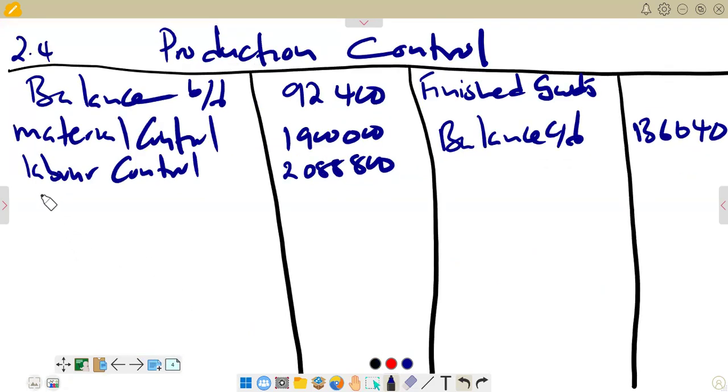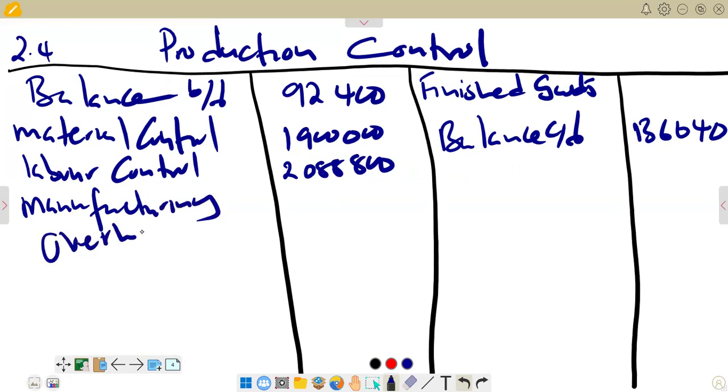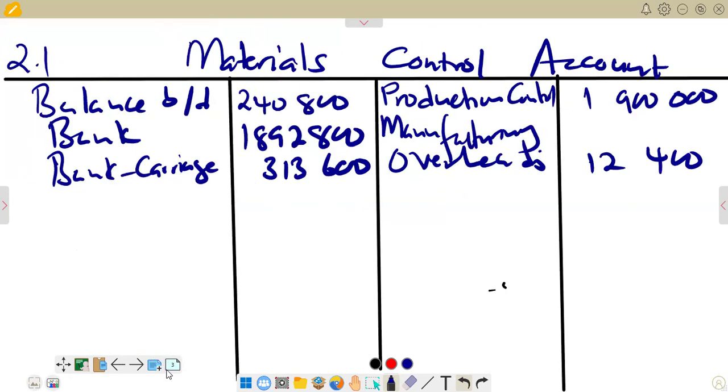We are saying manufacturing overheads, the figure is coming from manufacturing overheads, and it's 1,671,040. The corresponding entry is that we are going to credit manufacturing overheads. So obviously, we are now going to look for that manufacturing overheads account and try to credit it.